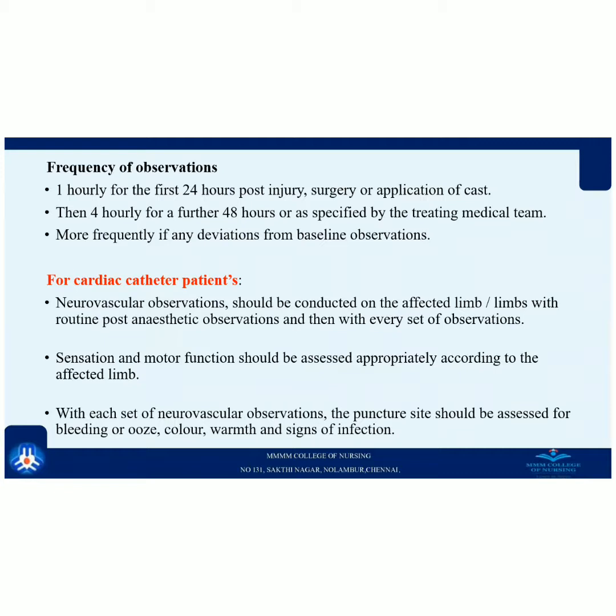With each set of neurovascular observations, the puncture site should be assessed for bleeding or oozing, color, warmth, and signs of infection. This assessment must be performed along with the routine assessment indicated for patients who have undergone cardiac catheterization.